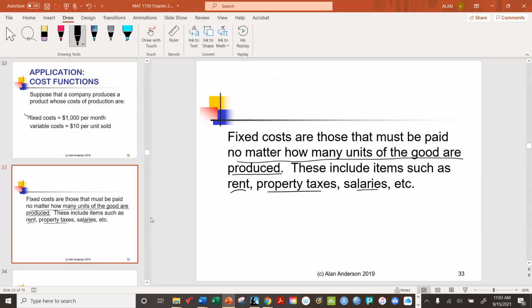The salaries of your employees do not depend on how many units they produce. They get paid X dollars and that's it. The rent, the landlord does not care how much you produce. You get to pay X dollars a month. End of story. The local government doesn't care. You pay X dollars in property taxes. So we call those fixed costs.